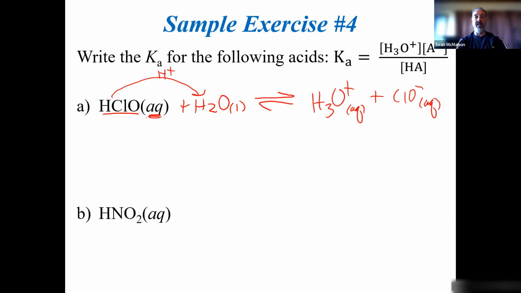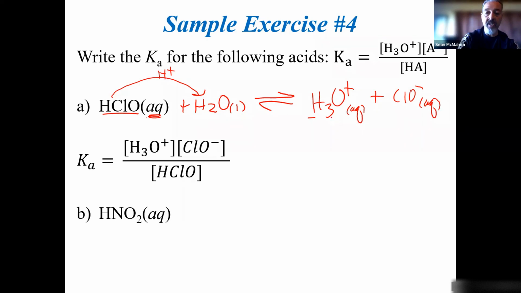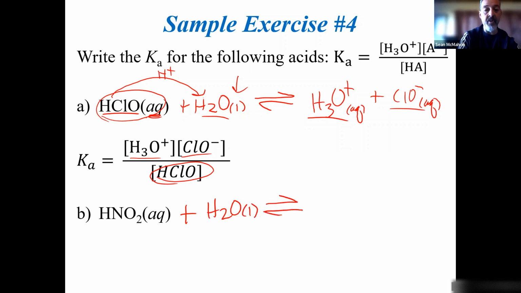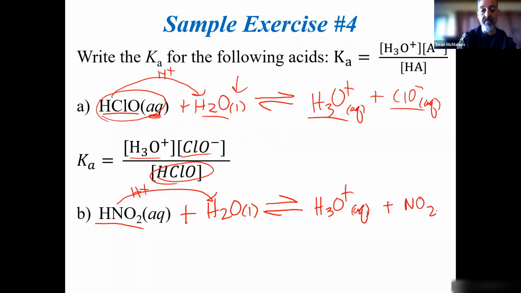So to get the K equilibrium, it's products over reactants. And I get the hydronium and the hypochlorite, and then the hypochlorous acid on the bottom, and I don't include the water. Why? Because it's a liquid. Its concentration doesn't change. So I can do the same with nitrous acid, plus water. It's a double arrow because nitrous is a weak acid, but it can sometimes donate a proton, producing hydronium and the conjugate base nitrite.